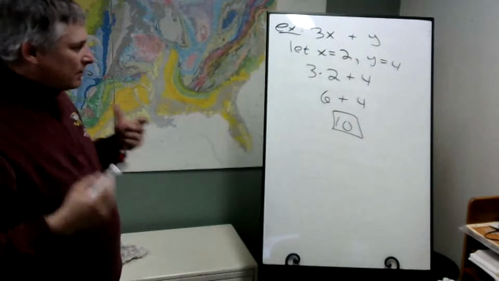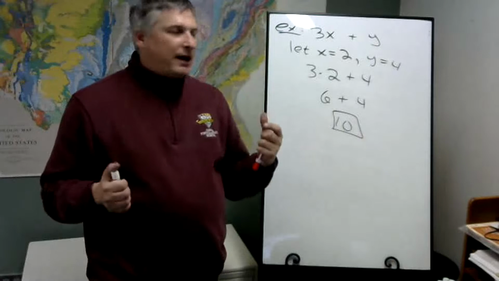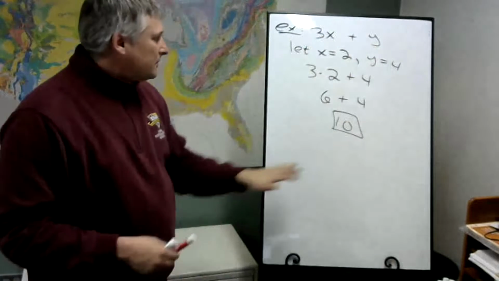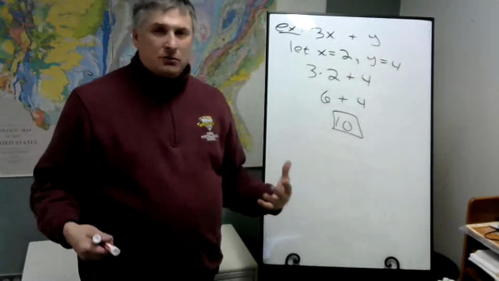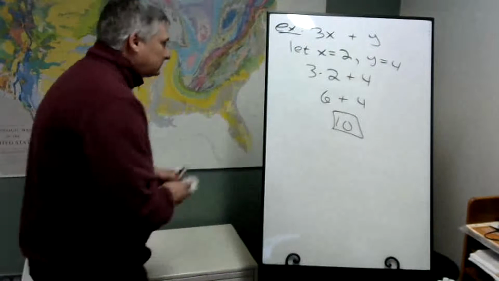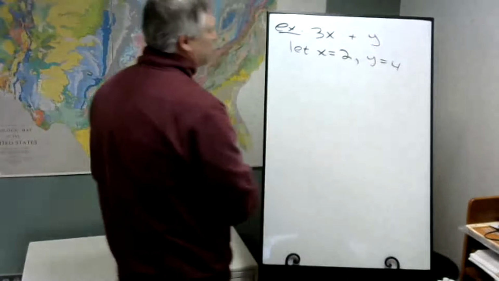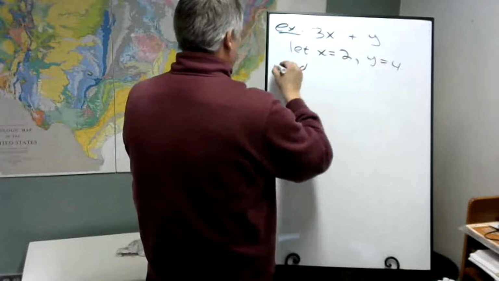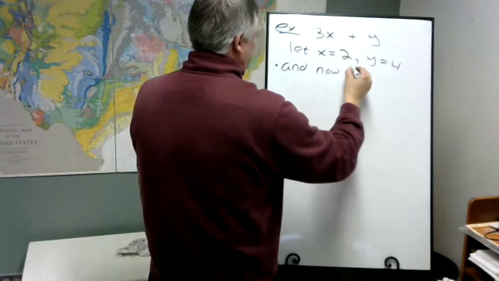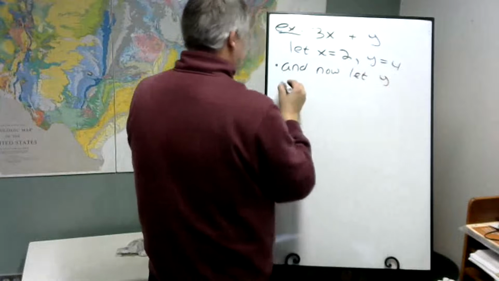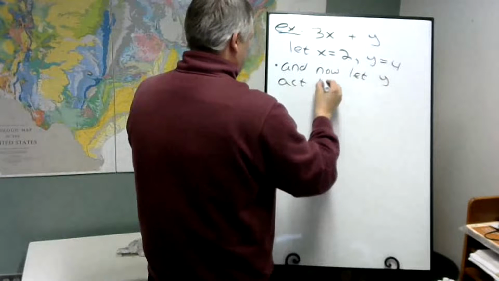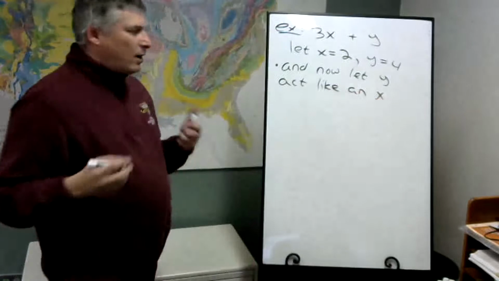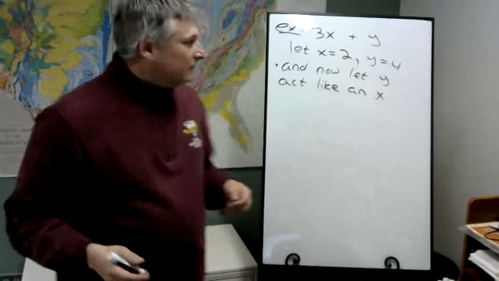Now, there's a problem, though, if we allow ourselves to combine the 3x with the y. So this is the correct answer when x is 2 and y is 4. Now let's say, though, let's let y act like it's an x.